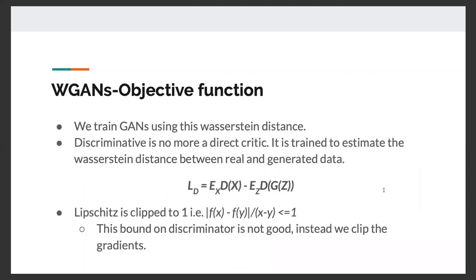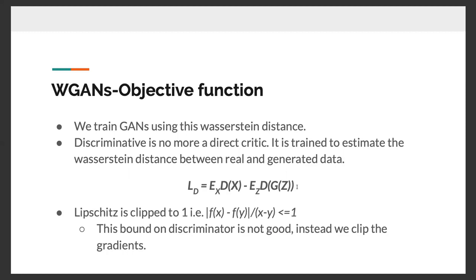And then let's look at the objective function of the Wasserstein GAN. One very important difference of the Wasserstein GAN is the loss of the discriminator. We can observe that the discriminator loss is no longer a direct quadratic, but is trained to estimate the Wasserstein distance between the real and the generated data in the following formula.